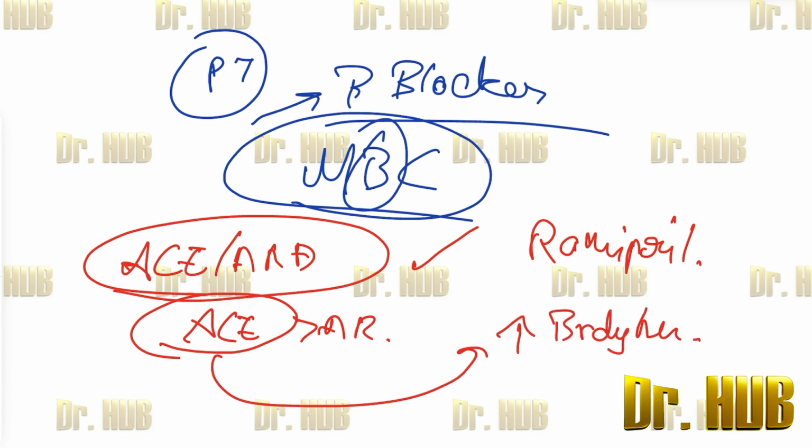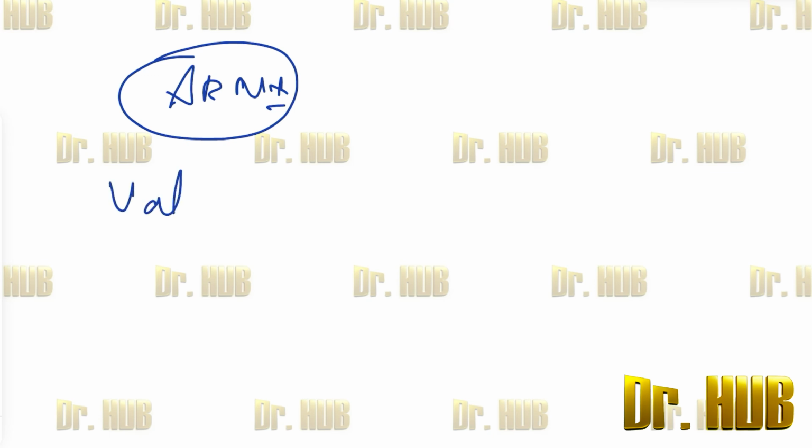Next we move on to the ARNI. So what is meant by the ARNI? ARNI is nothing but the angiotensin receptor blockers along with the neprilysin inhibitors. The first is valsartan, being a part of the ARB.